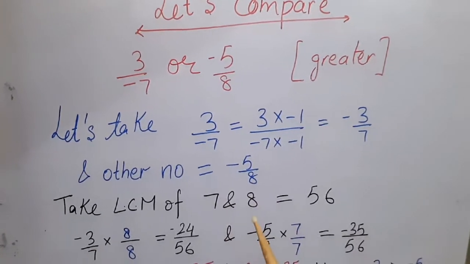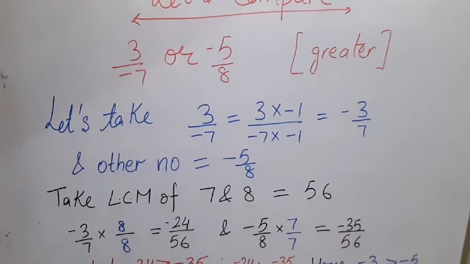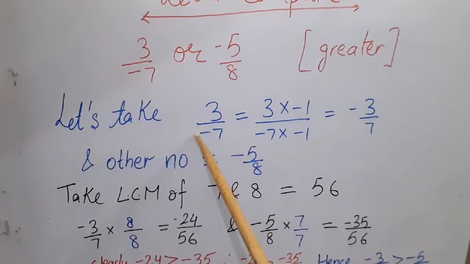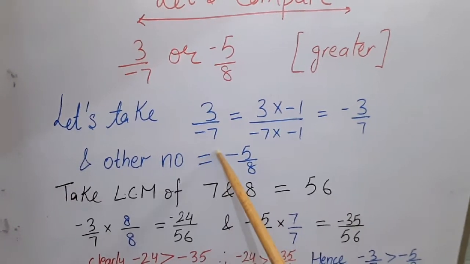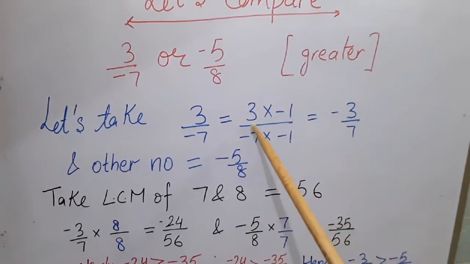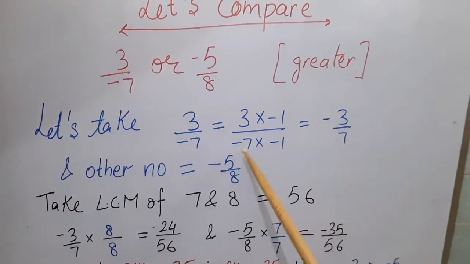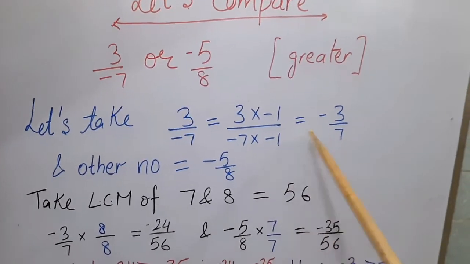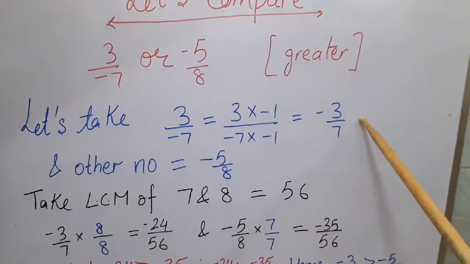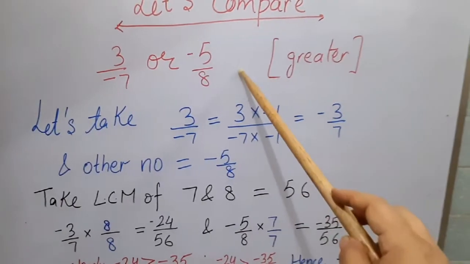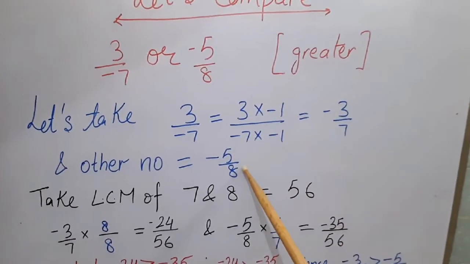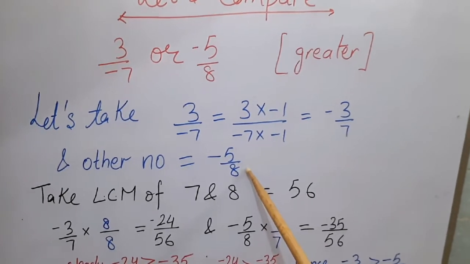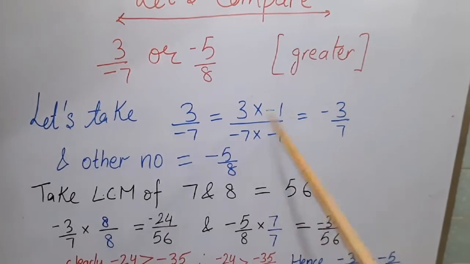As I said in property number 2, we always take the denominator to be positive. So we first multiply 3 with minus 1 and minus 7 with minus 1, which gives you minus 3 by 7. As the other number already has a positive denominator, we don't need to do this step in this case.